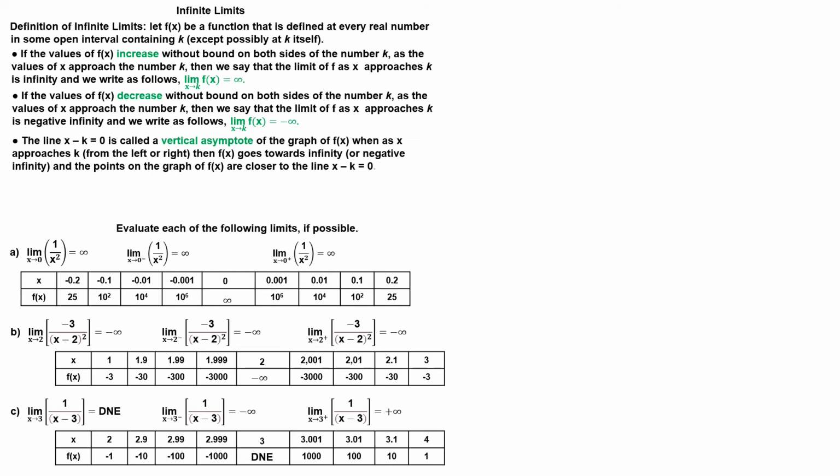Using limits, we can write the line x minus k equals 0 is a vertical asymptote of f of x if any one of the following is true.